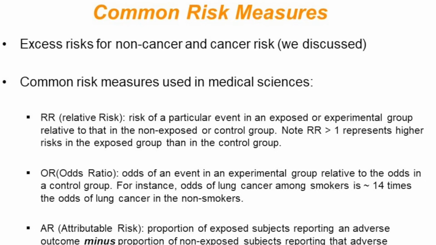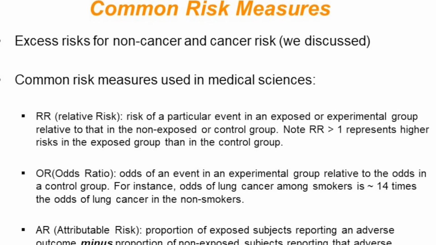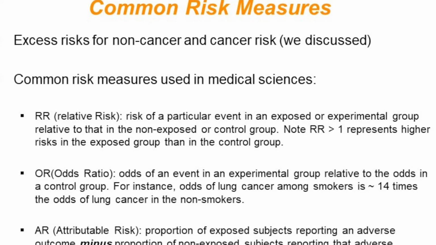One is RR, which stands for relative risk, which is the risk of a particular event in an exposed or experimental group relative to that in the non-exposed or control group. So if the relative risk is greater than 1, it represents higher risk in the exposed group than in the control group.